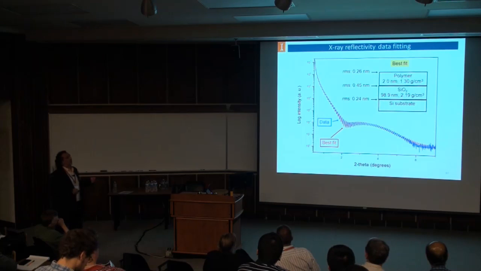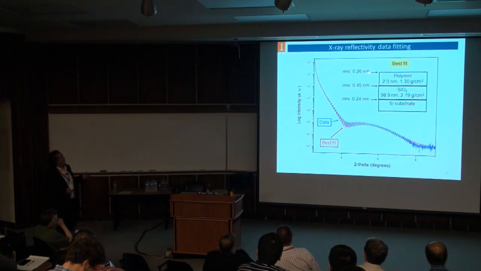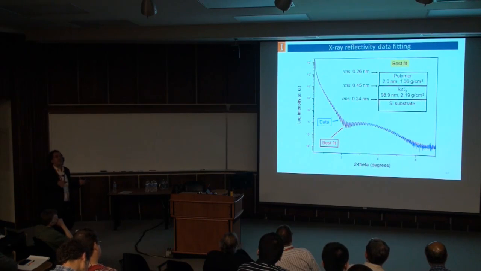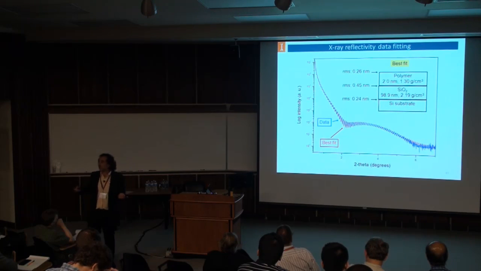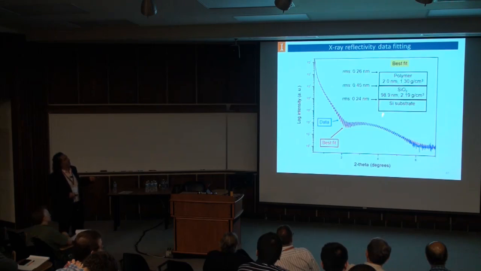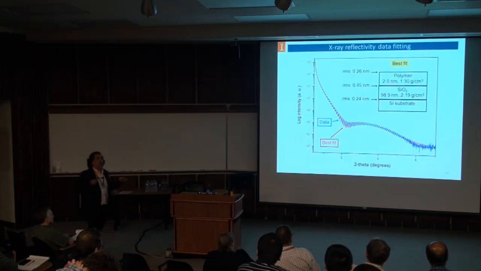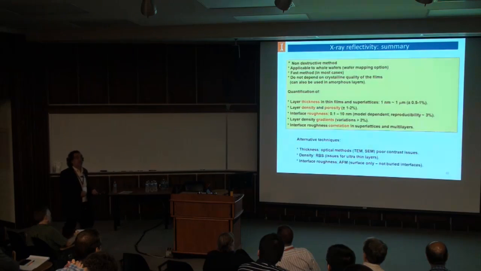When you do this plus a simulation, we can get information about the densities, the thickness, and the roughness, not only at the surface, like your AFM friend can do for you, but also at the interface. So it's very powerful, and look at the thickness of this polymer: 2 nanometers.